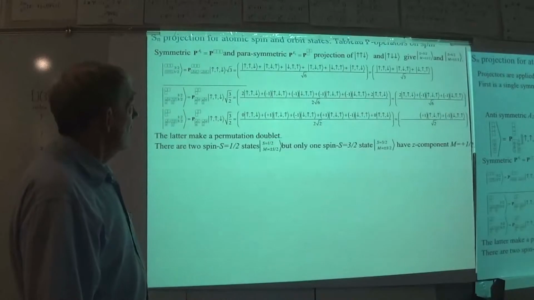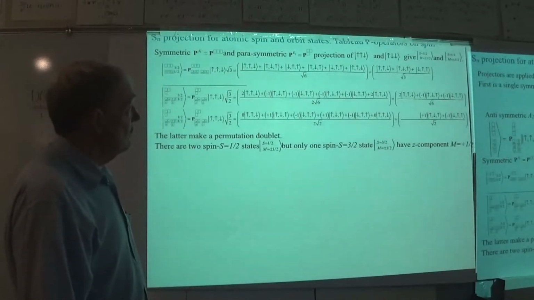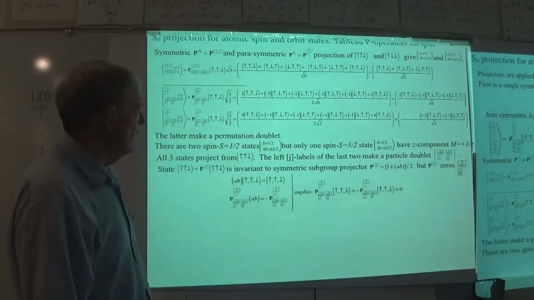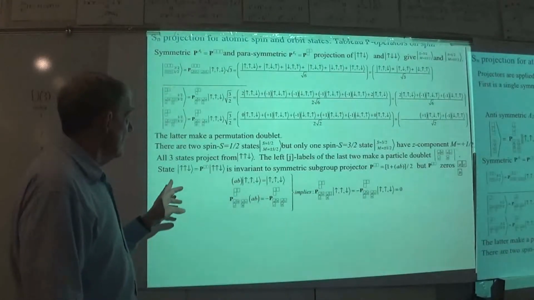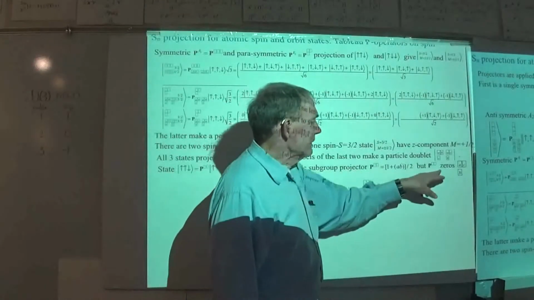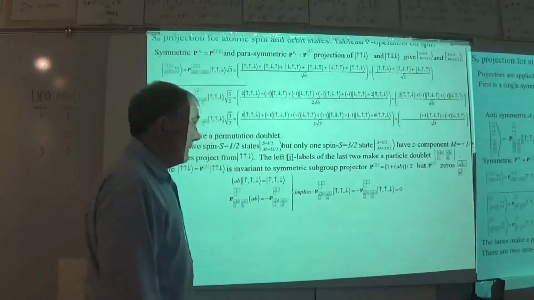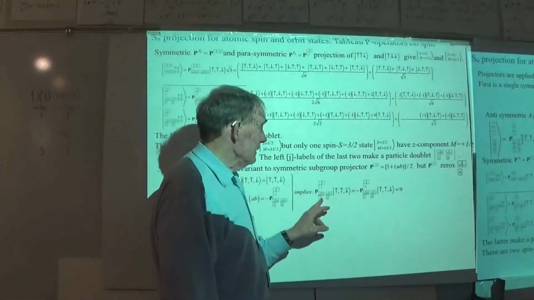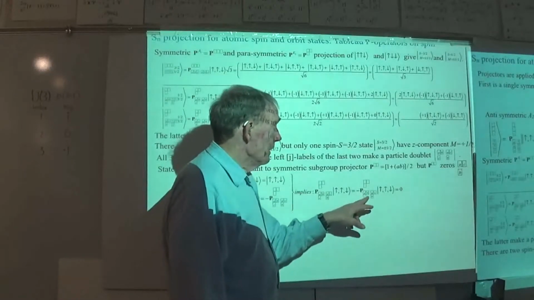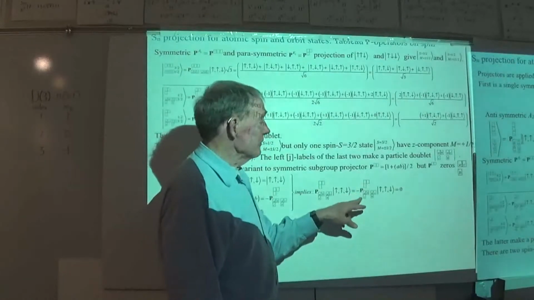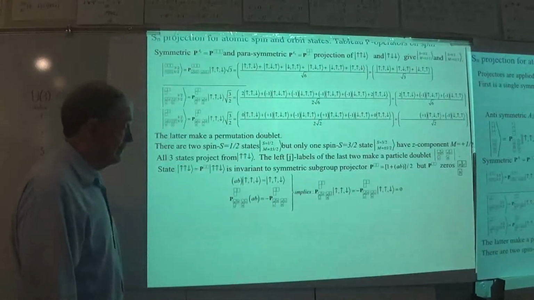Here's the thing pushed up to the top of the page. Now I want to point out one of these things. This is invariant to the symmetric subgroup projector. Well, one of them gives you 0. This thing right here, that antisymmetry, gives you something that is equal to its minus, and if you're equal to your minus, then you're nothing.